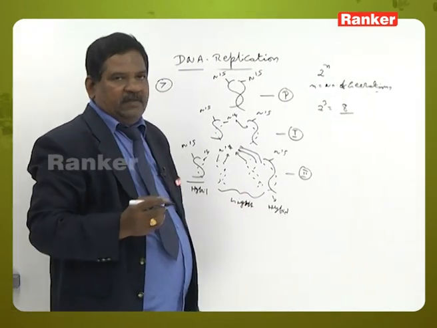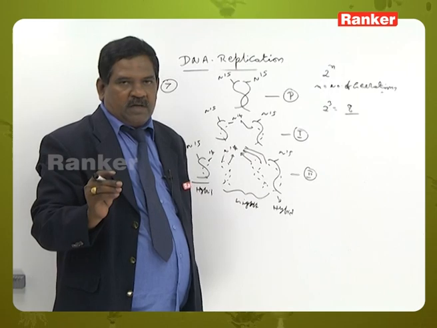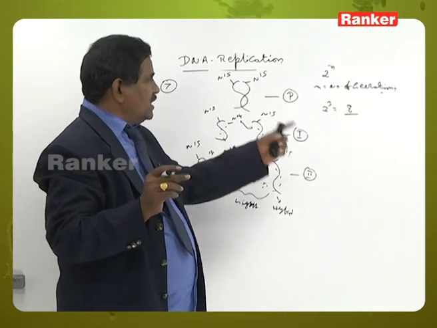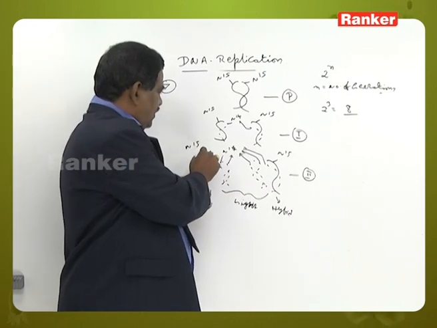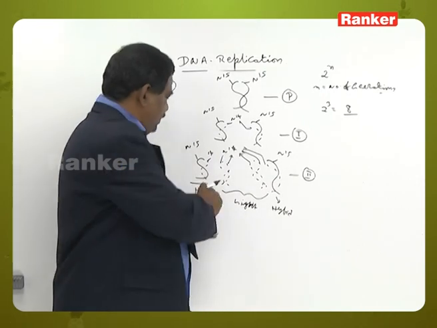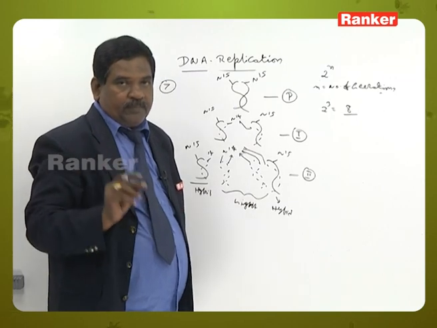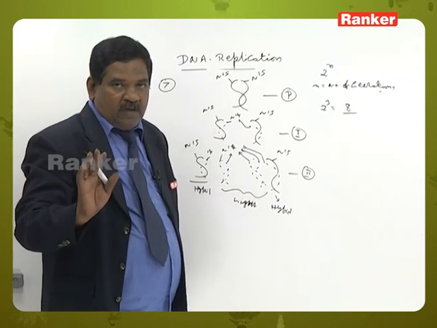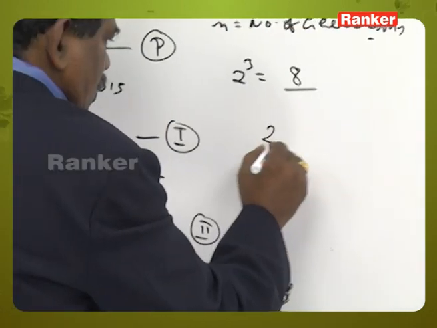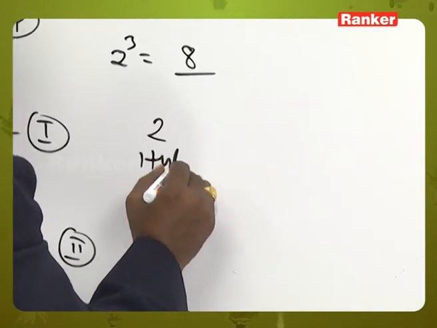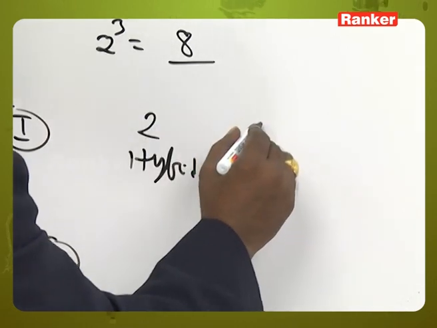So at the end of the third generation, 8 DNA molecules are formed. In any generation except the parental generation, the N15, N14 hybrids are always 2. So out of 8, 2 are hybrid and the remaining 6 are light.